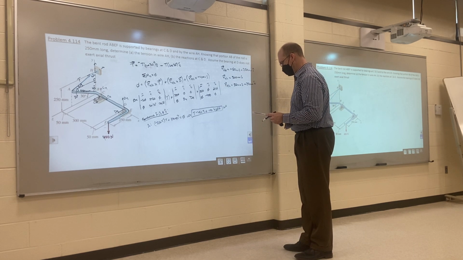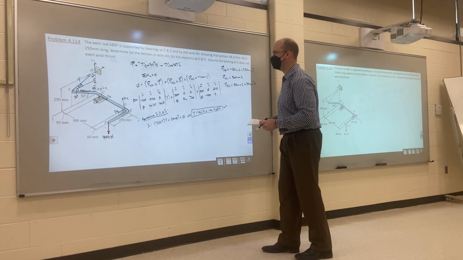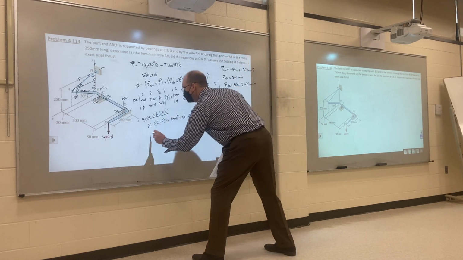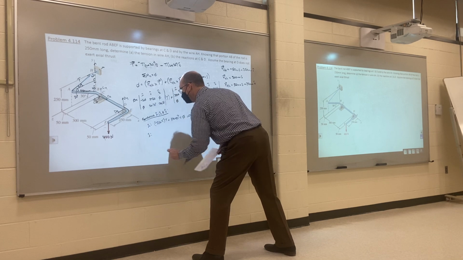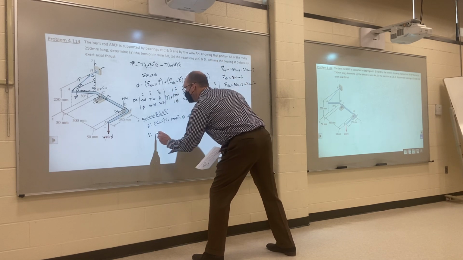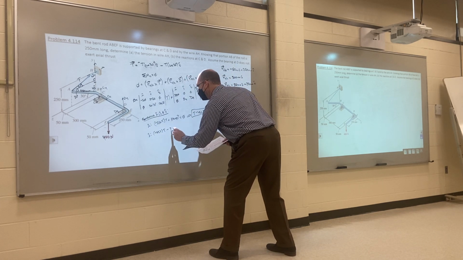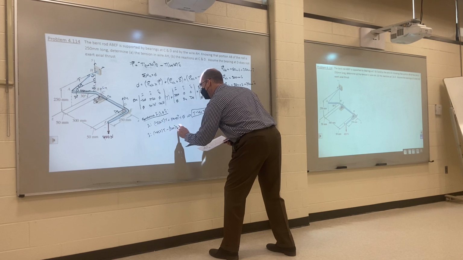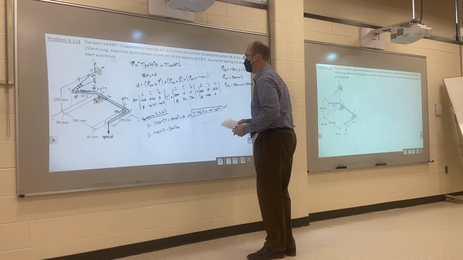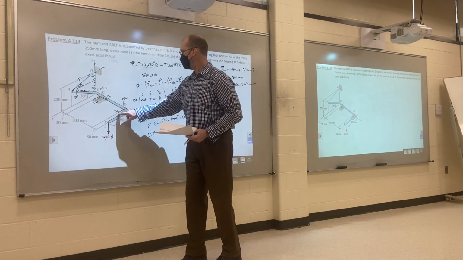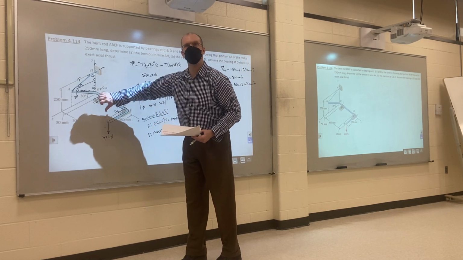So we got T, and now we can get the two reactions at D, because we have I, J, and K. J hat is equal to negative 43.3 T minus 300 DZ. Does that make sense? It does. DZ times 300, and it's going to rotate down.